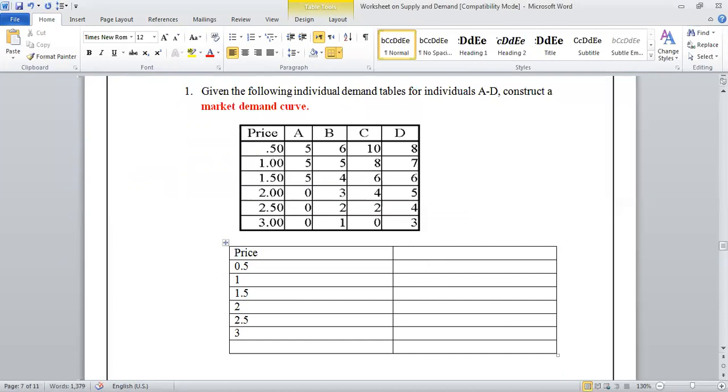And I need to get the market demand. How will you get it?